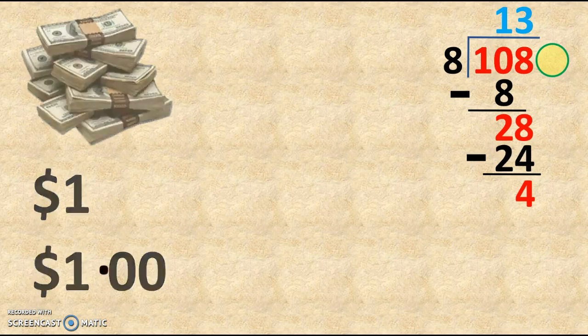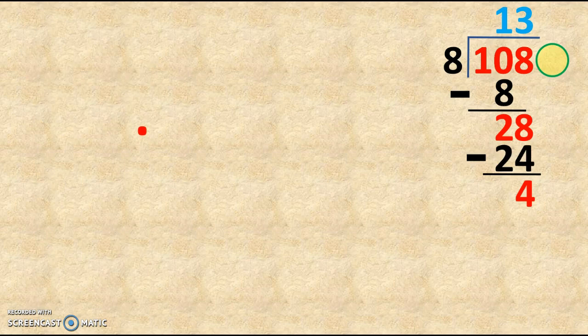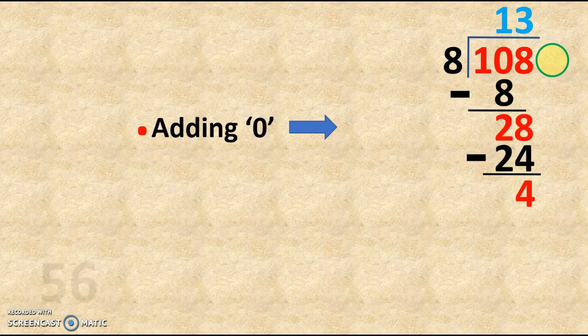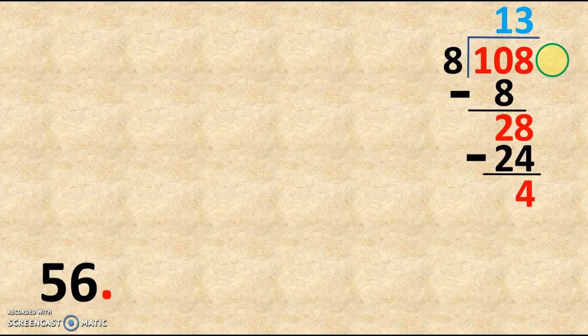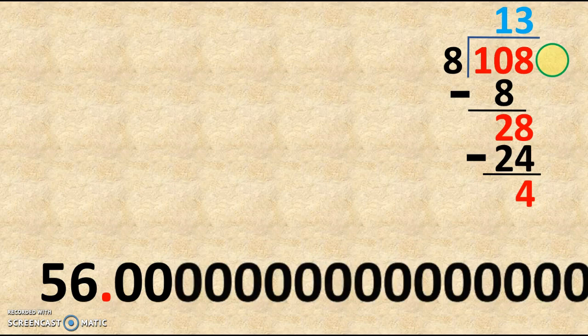The reason is that when you have a decimal point, adding zeros to the right of the decimal point does not change the value of that number. So if I have a number of 56 and I put my decimal point after it and then add 2 zeros, it's still 56. If I add 16 zeros after it, it's still 56.